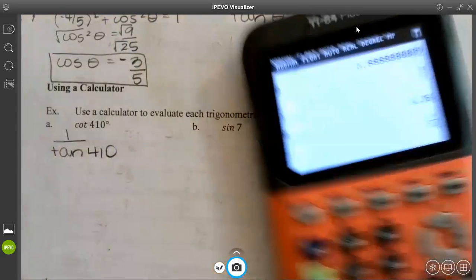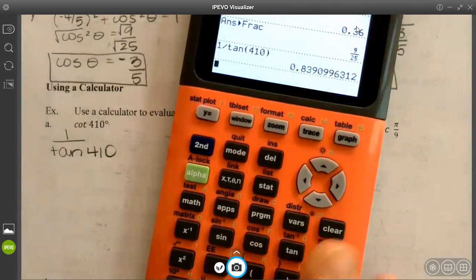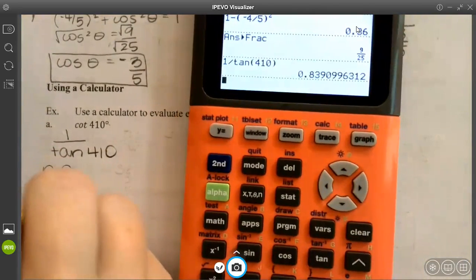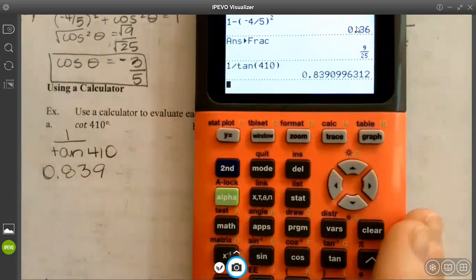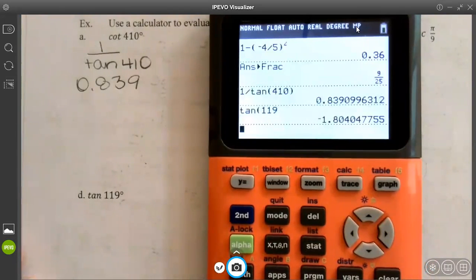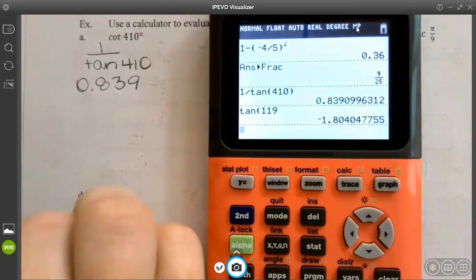So 1 over tan 410. Leave it like this. Now, to save some time, let's do all the degrees first. So tan 119, I don't have to do anything weird with that, just put it in. I get negative 1.8040.